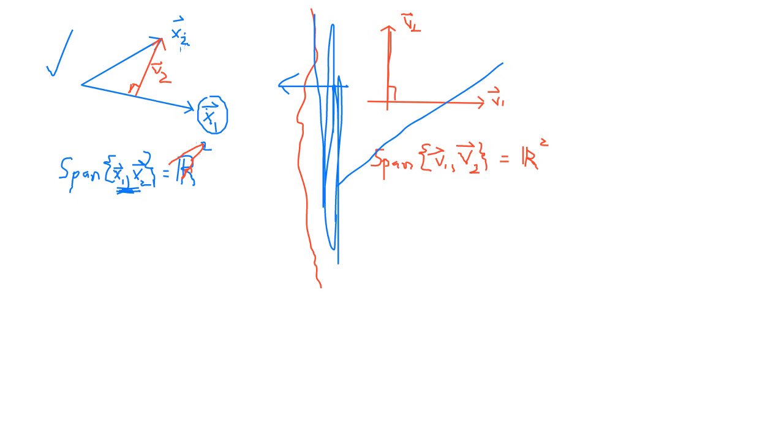You would agree that the vectors x1 and v2 span the same space as the vectors x1 and x2 do. So we can basically construct an orthogonal basis. Okay, let's go to an example so that we can make this clear. Are there any questions on this? All right. Let's go to the example here.